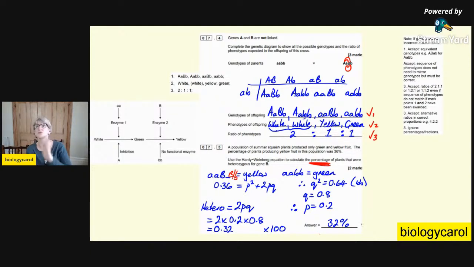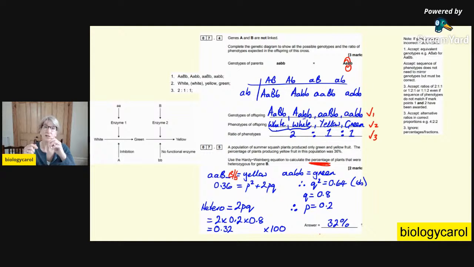And I just go, oh, stuff that. I'm just going to take 0.36 away from 1 to give me q squared. And that makes the sums very much easier. You square root that number to get q. You then use p plus q equals 1 to get p.